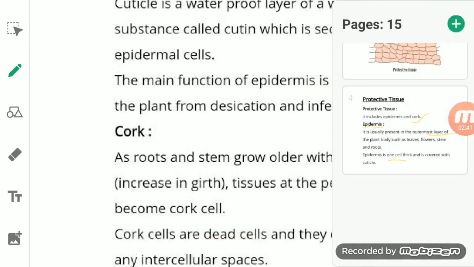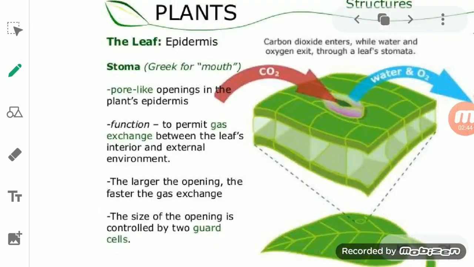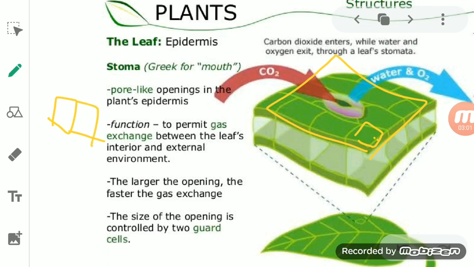This is the epidermal layer. This is the first, outer covering present in the leaf, stem and root. When you see it, it seems flat, and the cells are arranged very closely with each other. The edges are combined together, and there are no intercellular spaces in the epidermal tissue.